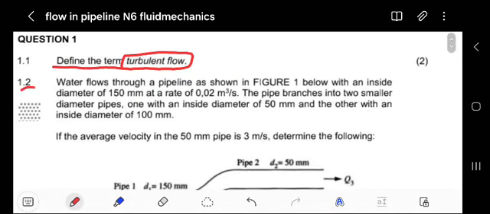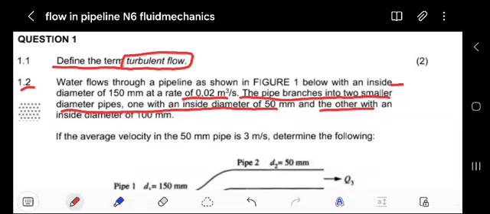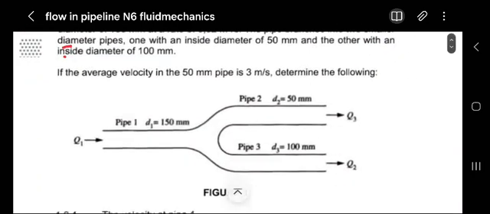1.2, they've given this summary. Water flows through a pipeline as shown in figure 1 below with an inside diameter of 150 millimeters. The rate of flow is given, and then this pipe branches into two smaller pipes, one with an inside diameter of 50 millimeters and the other with an inside diameter of 100 millimeters.